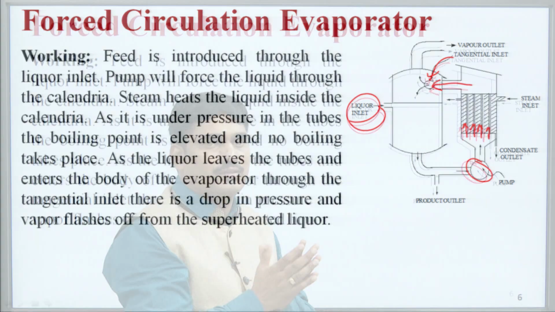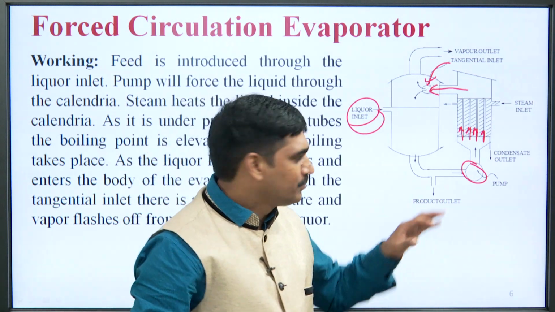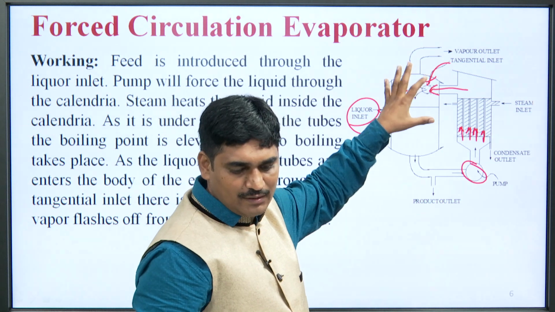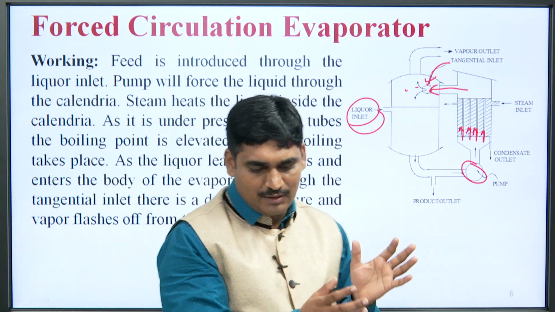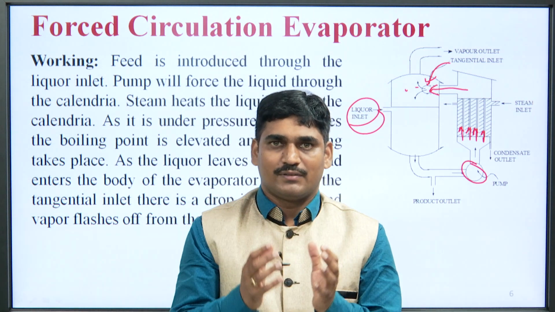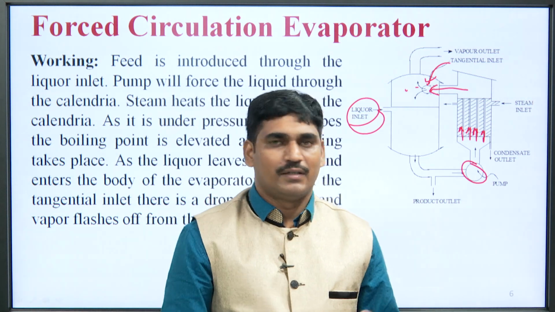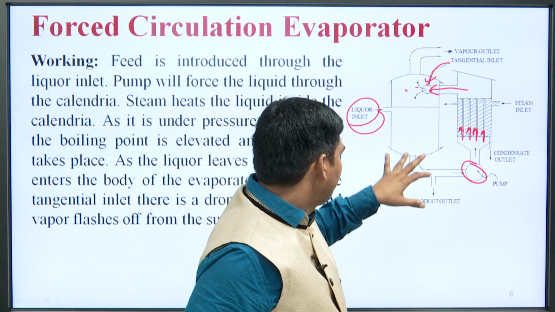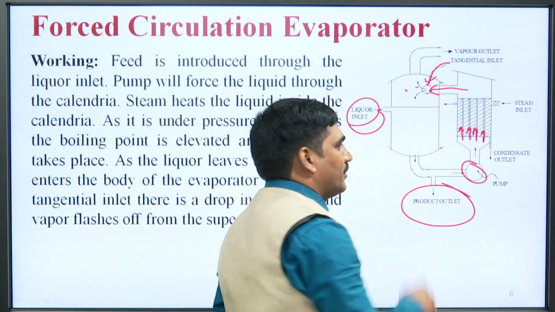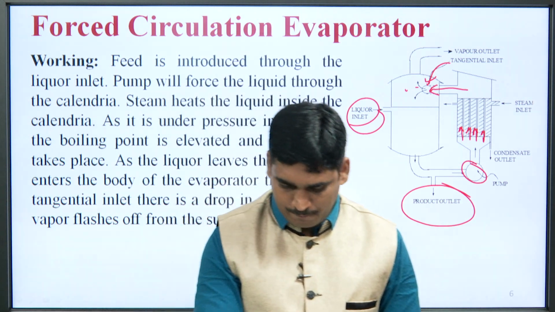So, after entering into this body, vapor flashes off from the superheated liquor. Due to this the liquid gets evaporated and finally the concentrated liquor can be collected from this product outlet as the final product.